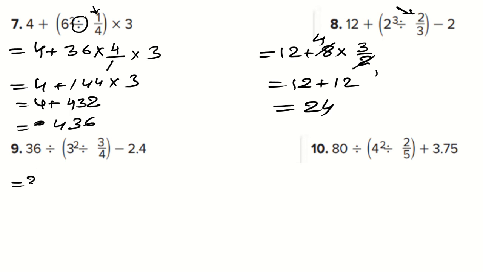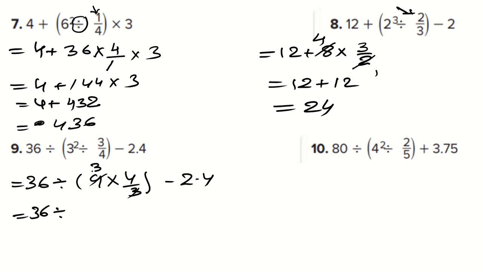Now this is 36 divided by 3 square means 9. Again we have a fraction after division, so flip it, minus 2.4. This is 36 divided by 9 is 4, divided by 3 is 3, and 3 multiply 4 is 12, minus 2.4. Now 36 divided by 12 means 3, minus 2.4, and 3 minus 2.4 means 0.6.